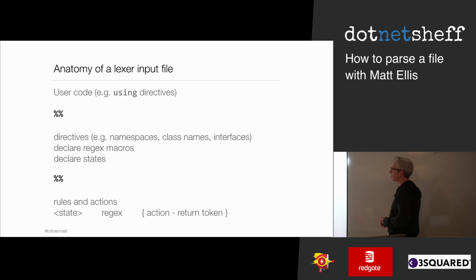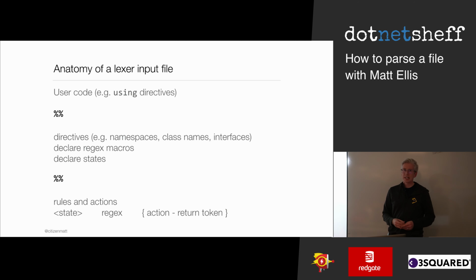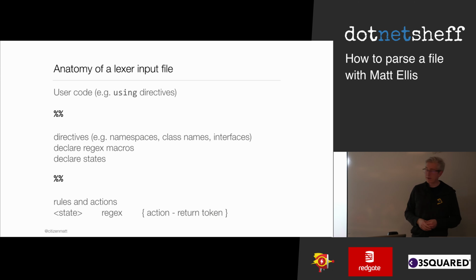All right, because these lexer generators are all pretty much based on the same idea, they're all fairly standard file formats. They're usually split into three sections. You've got a user code block where you put things like using statements of the code that you want to use. You have a second block separated by the %% sign, and in here you can put in directives, which tell the lexer generator how to generate things differently.